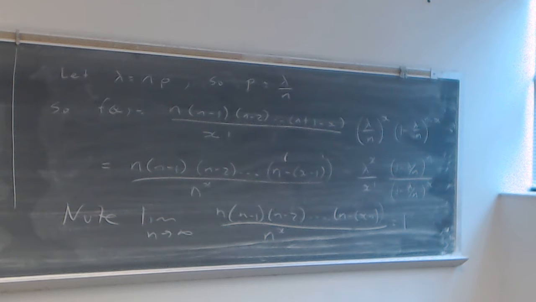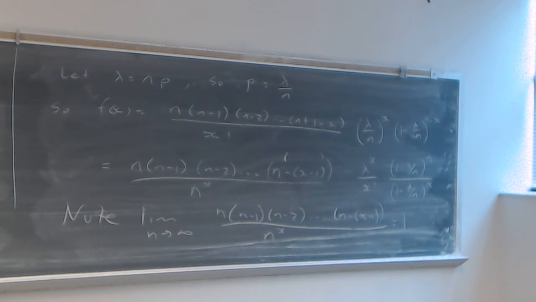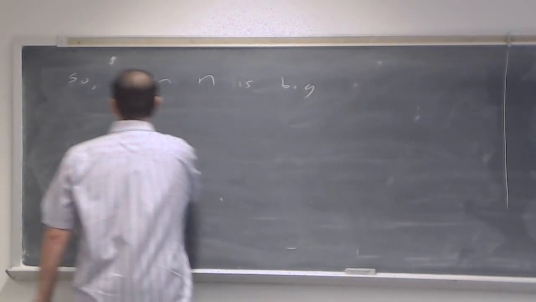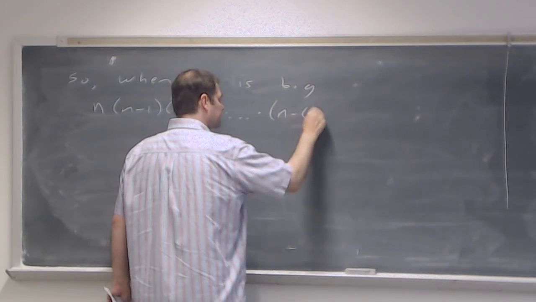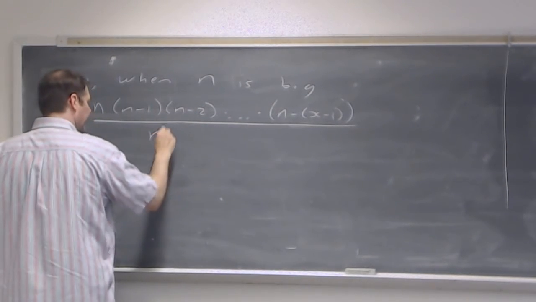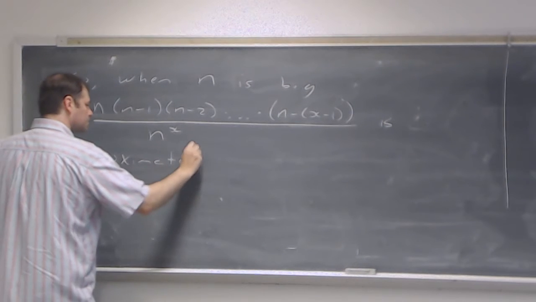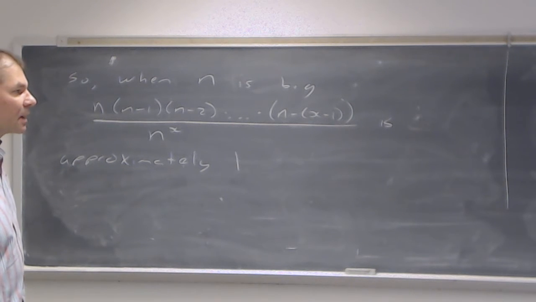That can be shown. So when n is big, this multiplication is approximately one.